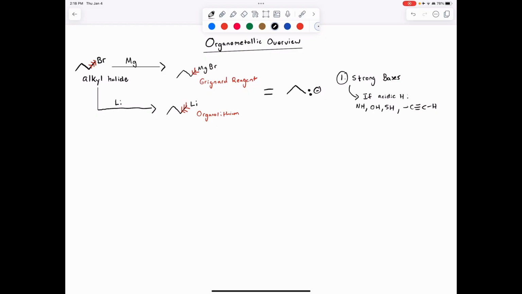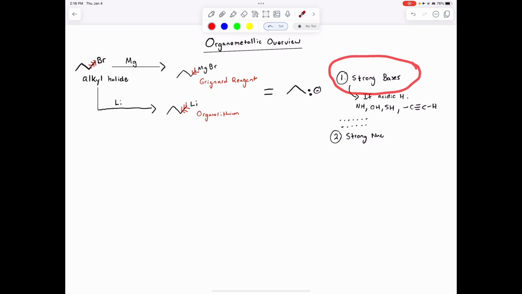If you have any of those things on a molecule, organolithiums and Grignards are going to rip that hydrogen right off because they love hydrogen. They're strong bases. A distant second, these things act as strong nucleophiles. Again, they're going to prefer to act as strong bases, but if you don't have acidic hydrogens like these, they'll act as strong nucleophiles.